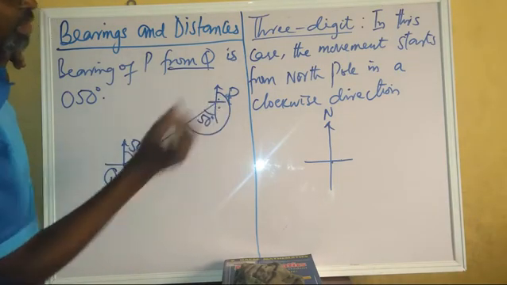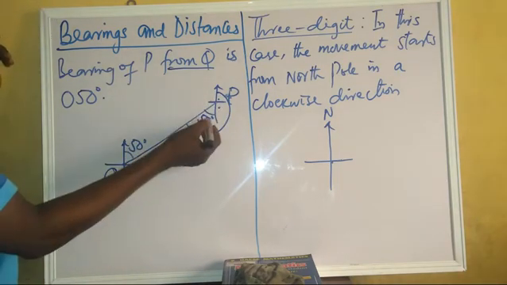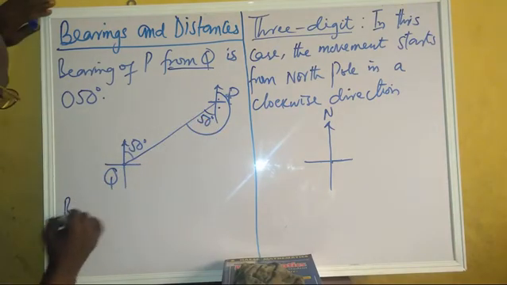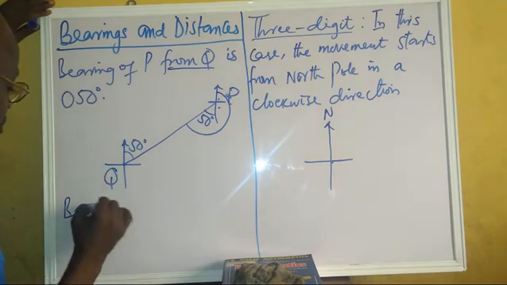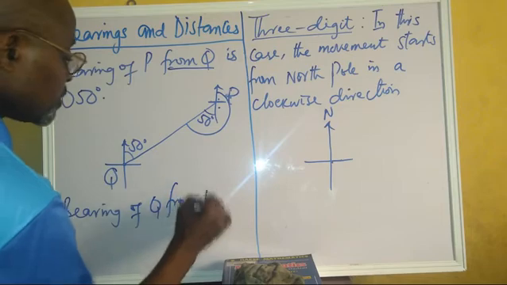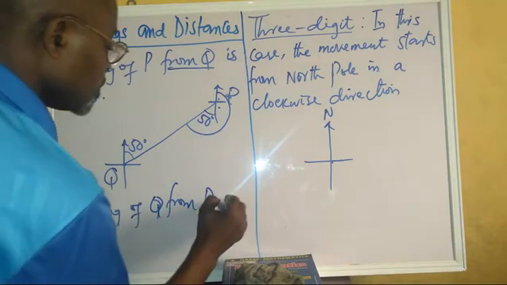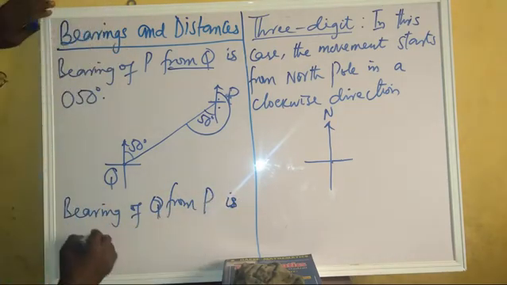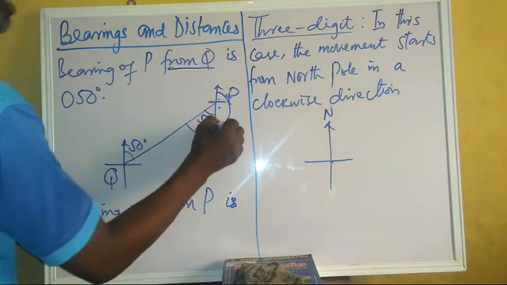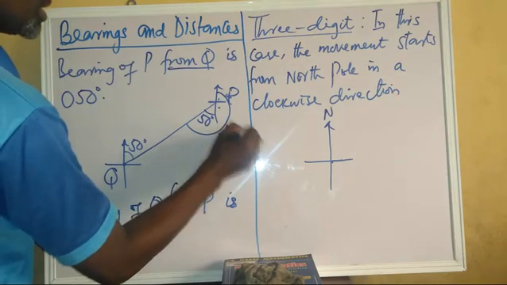This is also 90, making 180. With this 50, that will be 230. So we can say bearing of Q from P is 230 degrees. That is, the total angle here is 230 degrees.